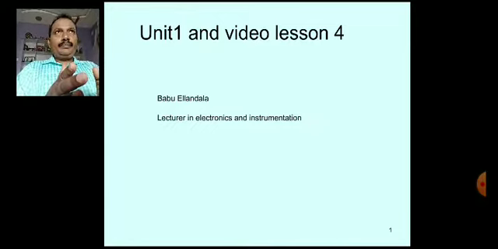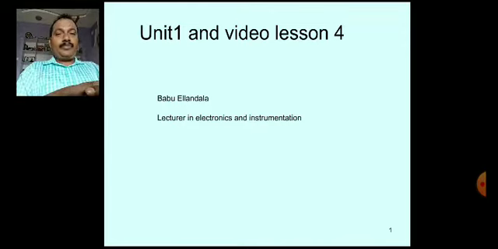And also we have discussed one's complement and two's complement, and subtraction with the help of one's complement and subtraction with the help of two's complement.